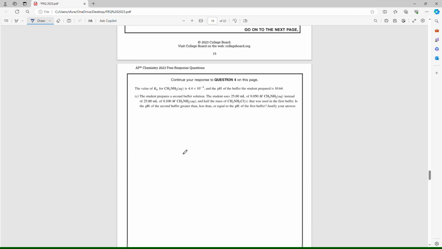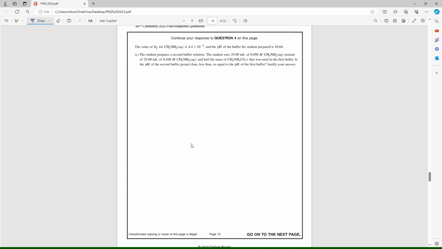All right. Part C, the student prepares the second buffer solution. The student uses 25 milliliters of this instead of this. Oh, and half the mass of this that was used in the first buffer. So they used half the molarity of the base and half the mass of the conjugate acid.